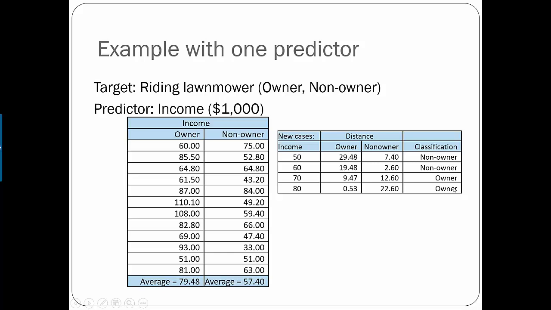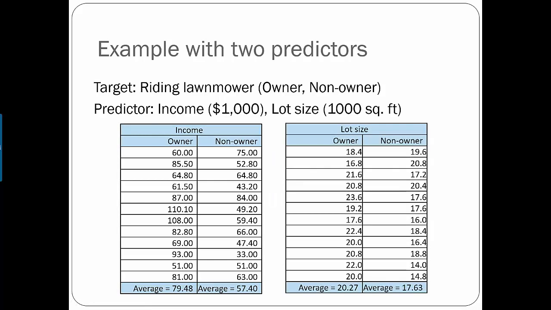So you'll have two values for each, and a new case will have an income and credit card spending, and then you can find the distance using the distance measure: the X value of income minus the average income, square that, the X value of credit card minus the credit card average, square that, add the two and take a square root of the sum of the squares. So that will give you the distance to the owner group, and do the same for the non-owner group, and whichever is closer you assign.